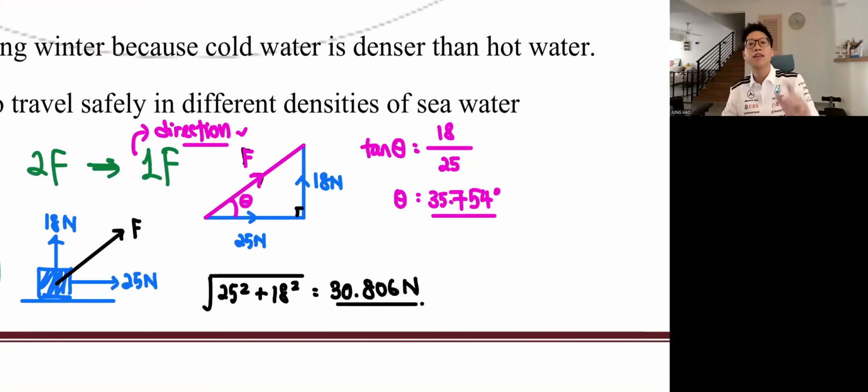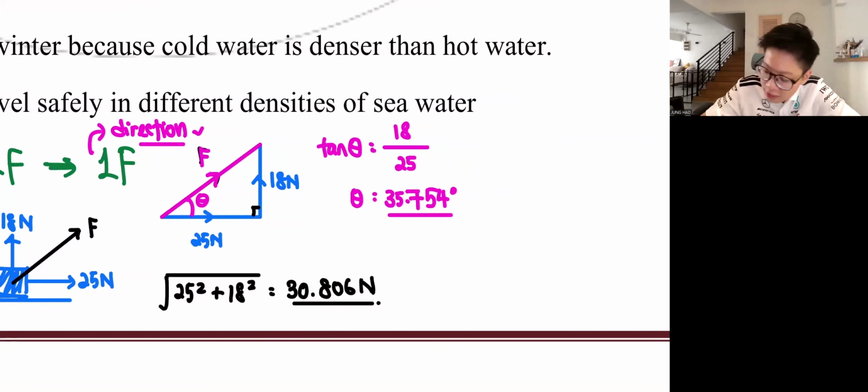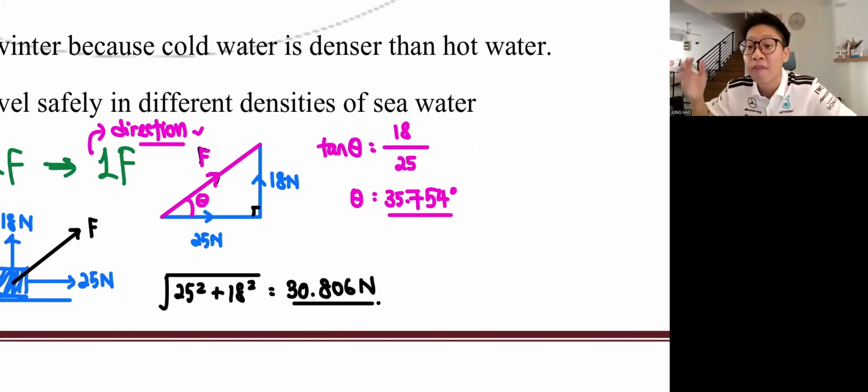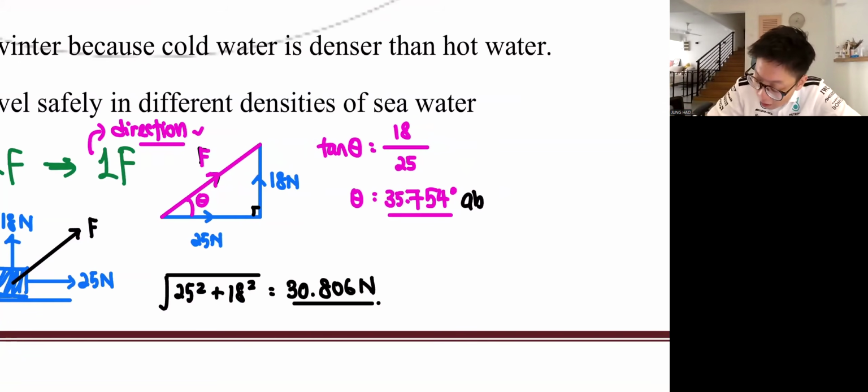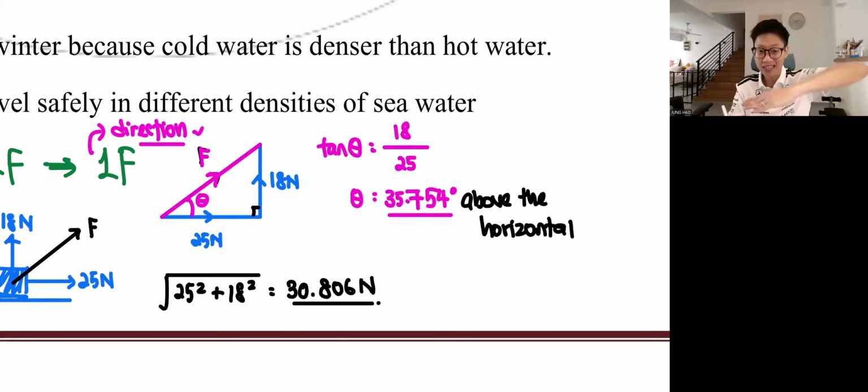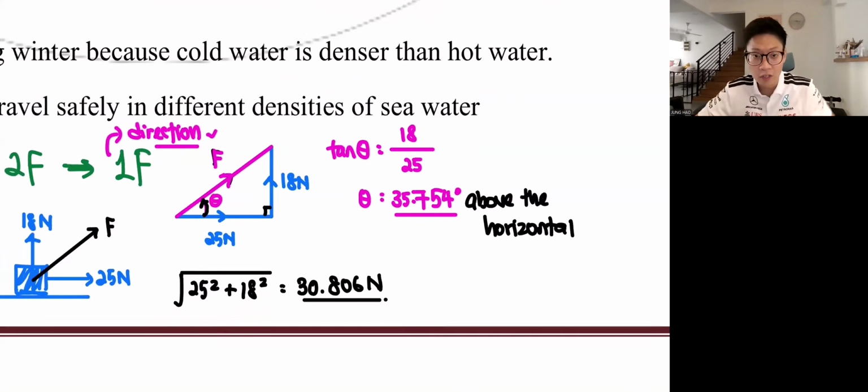But some teachers, even if you write this 35.754, will not give you the full marks, because they want you to also say that it will be 35.754 above the horizontal. What is the meaning of above the horizontal? Because this is your horizontal, now it goes up above the horizontal, right?